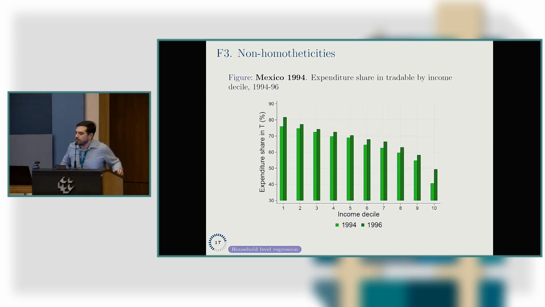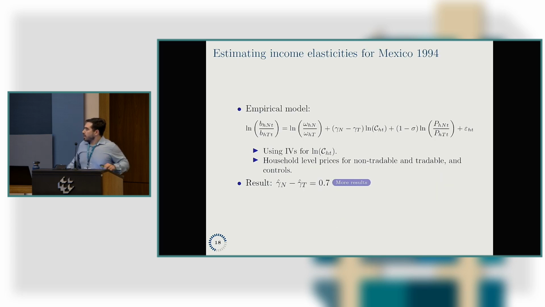Over the x-axis, we have income decile, and we can see that for low-income households, in the first decile, about 80% of the expenditure is in tradable, and in the case of the high-income decile, we have almost the opposite: 60% or 50% is in non-tradable. So this is strong evidence of non-homotheticities in this economy, as if we have homothetic CES preference, we expect a flat line over the distribution.